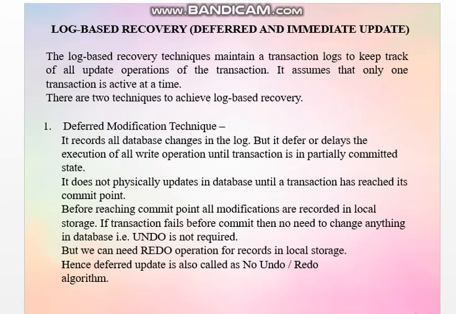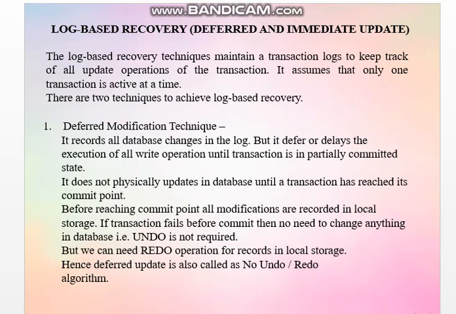So if something goes down, or because of some reason the transaction fails before its commit, then we need not do any changes in the database, because we have not made any changes of the write instructions into the database. So undo is not required, but we may need the redo operation for the records in the local storage.